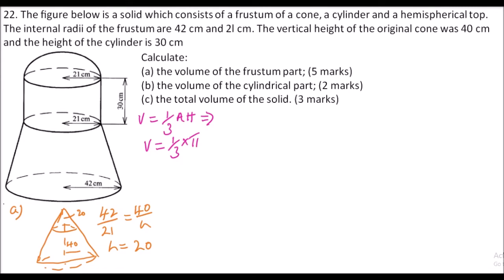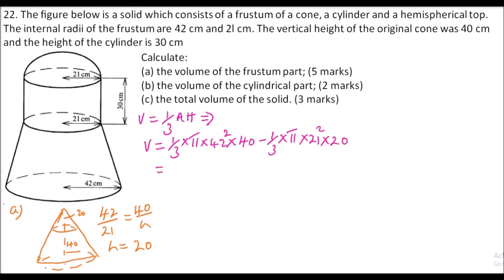Our r is 42 multiplied by 42, that is pi r squared. You multiply by the height, which is 40, and then you minus the volume of the small cone, which is one third multiplied by pi, multiplied by 21 squared, multiplied by the height, which is 20.